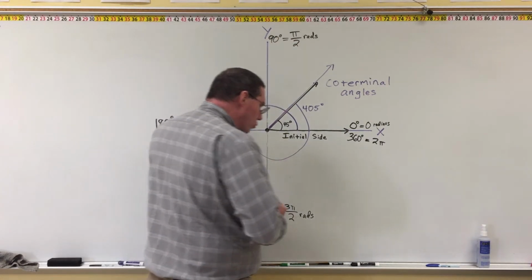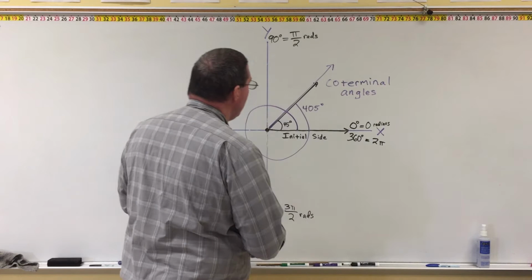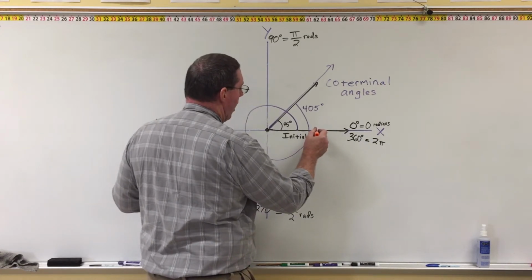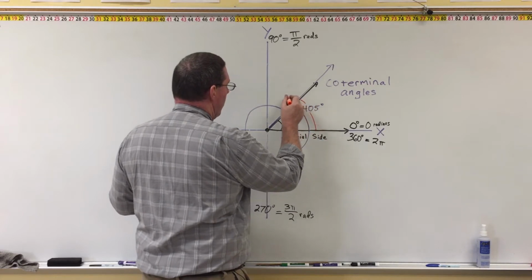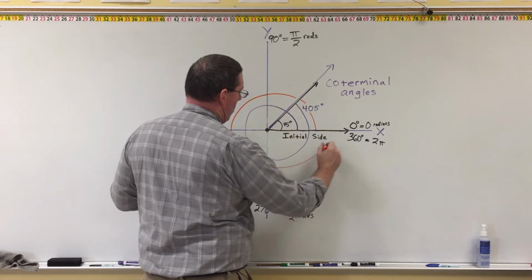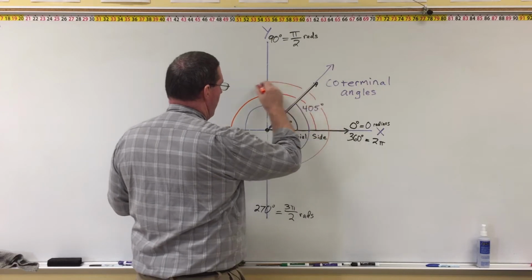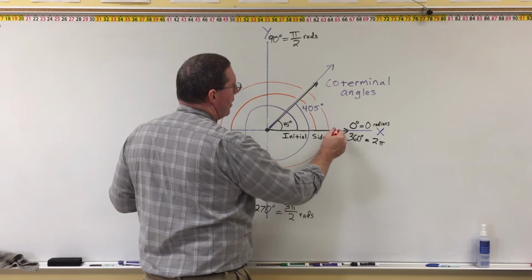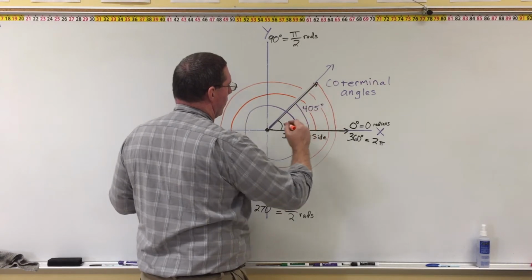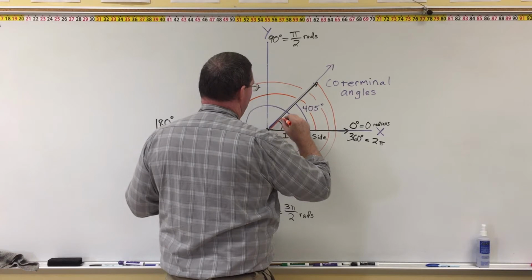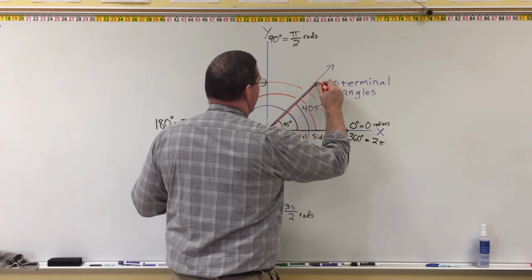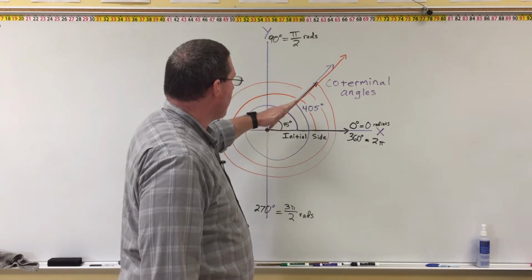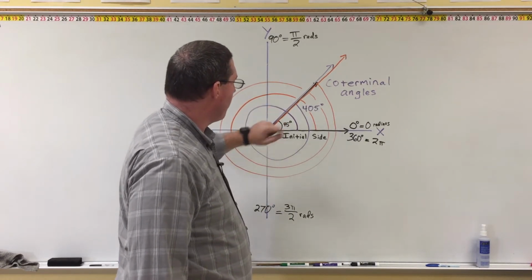Well, what if we now drew a third angle that starts at the initial side, and it goes up and around, and then it goes up and around again, so that's 720 degrees, and then it goes another 45 degrees to there. And so now, here's the terminal side of this third one, right? And it's sitting right on top. It's in the exact same place as the terminal side of the 45-degree angle.